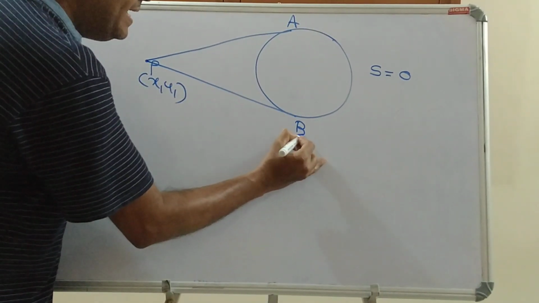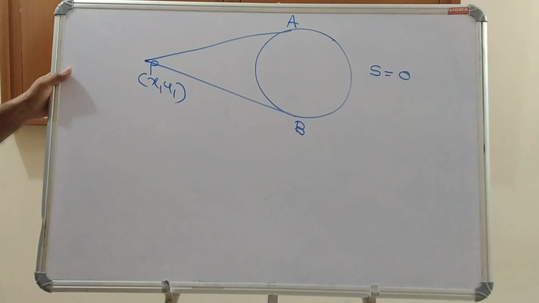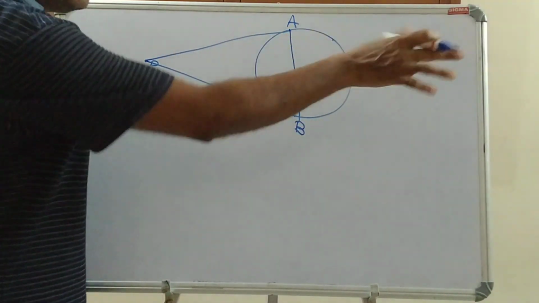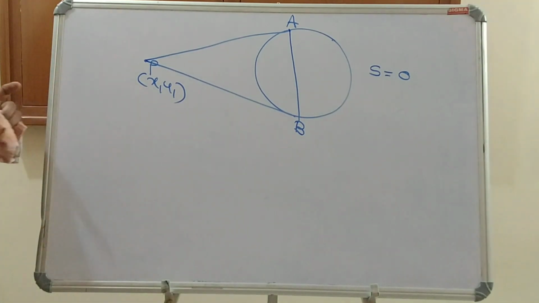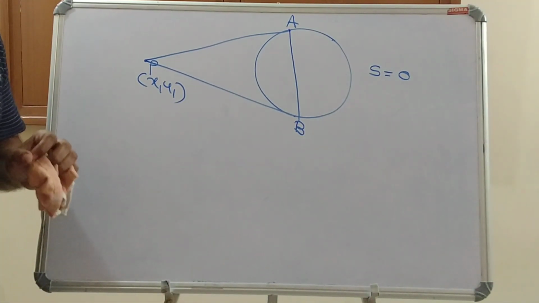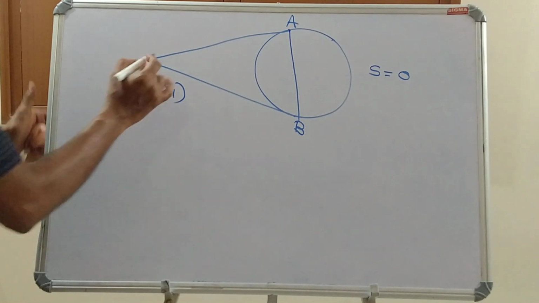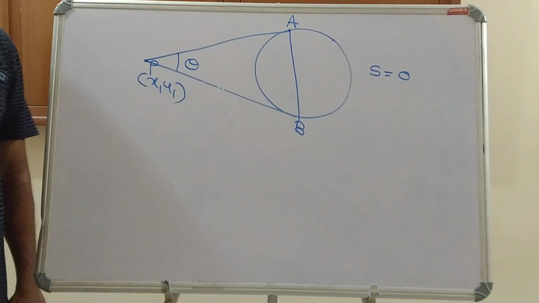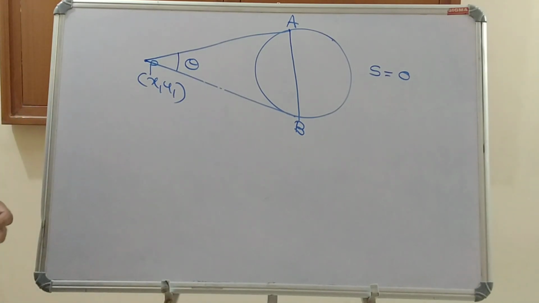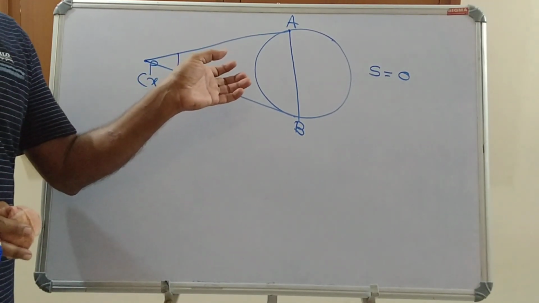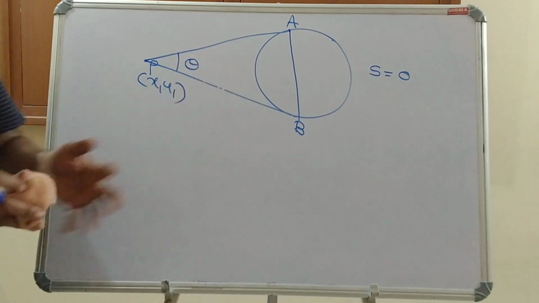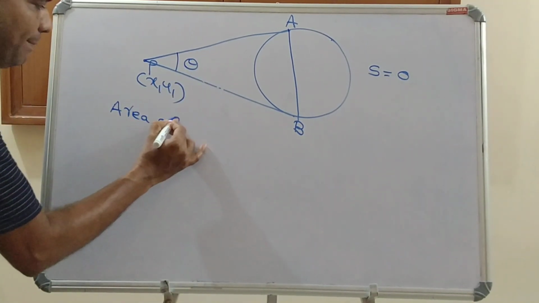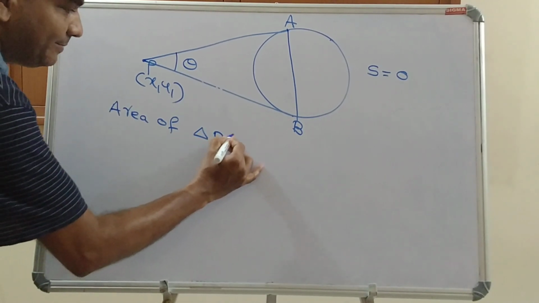Now AB is the chord of contact. Let us take the angle between the tangents equal to theta. Now we have to find the area of triangle PAB.